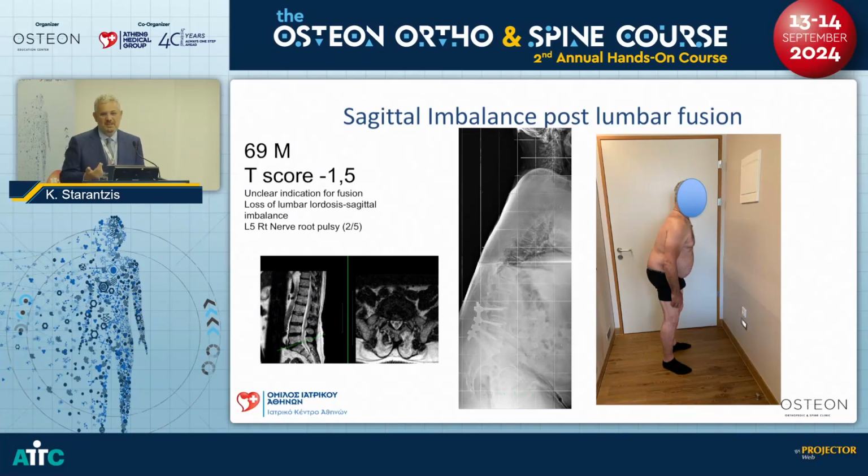And he came to me with a flat back, sagittal imbalance, as you can see. He couldn't cope. He's been told that he's like this because he's fat, because of his belly. And he asked me if we can do anything about that. His pain was excruciating. I mean, he's a farmer in Santorini, a very hard guy, and he was in agony.